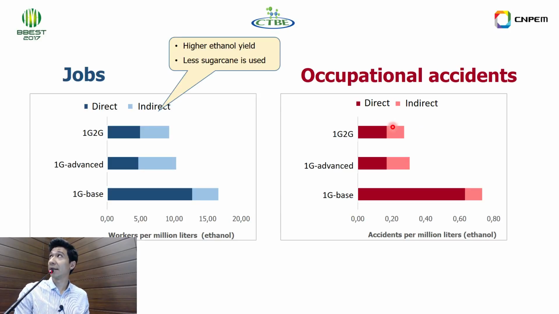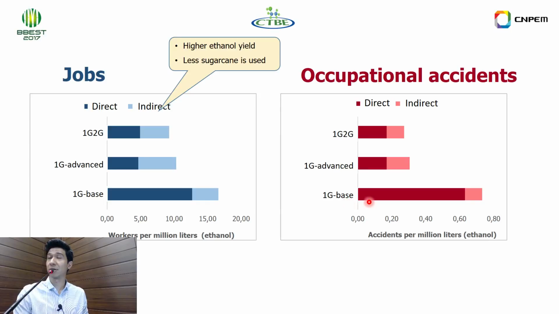For example, if we look at the expected occupational accidents we expect from producing, for example, 1 million liters of ethanol, this is less than half of the impact caused on occupational accidents in the first generation base. And again, because of sugarcane cutters.